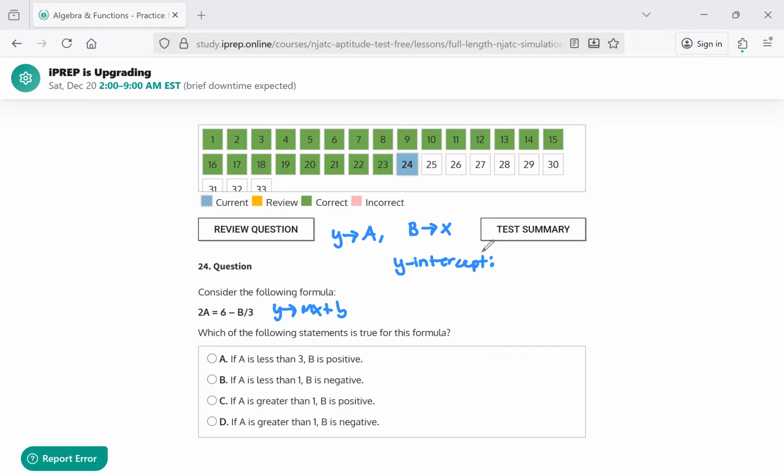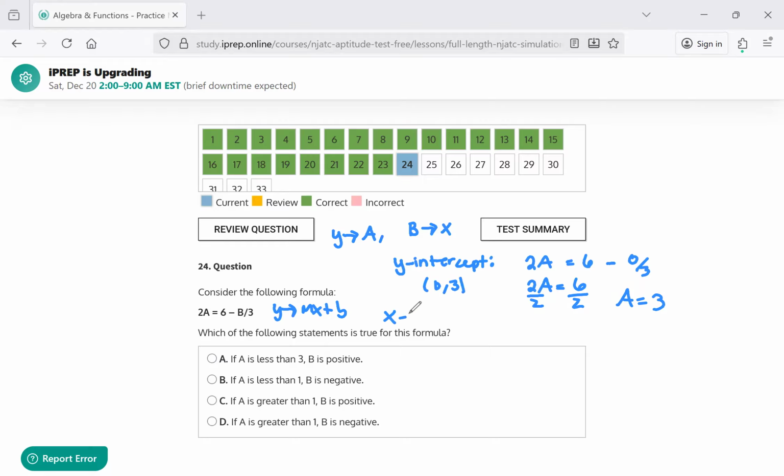To find the y-intercept, you simply plug in 0 for x, so 0 for b. So it's going to be 2a equals 6 minus, and then replace b with 0, so it's 0 over 3. So 2a equals 6, and then divide this by 2, you get a equals 3. So my y-intercept is (0, 3).